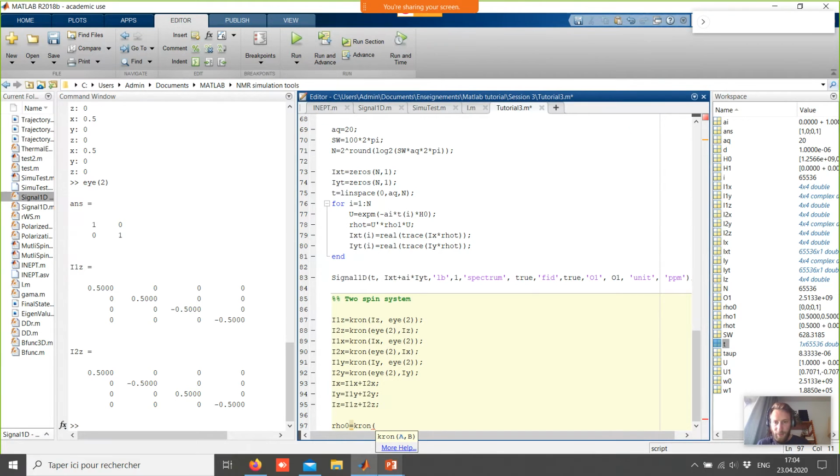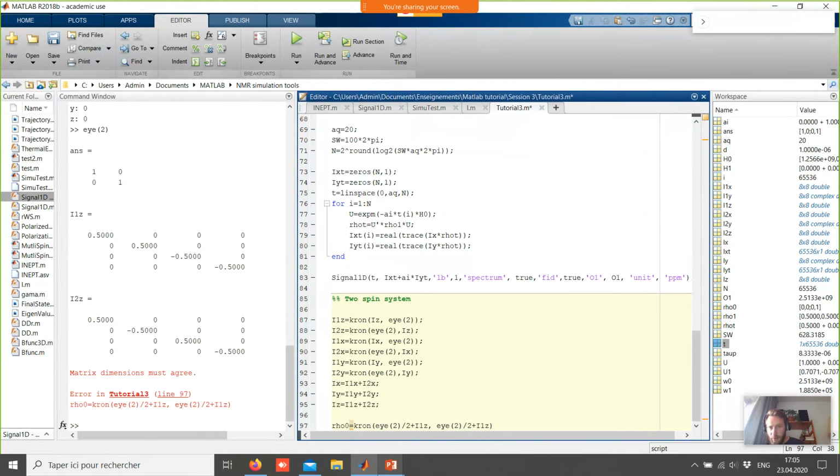We can, for example, write it like this, the identity matrix divided by 2 plus IZ. So this is spin 1 polarized along the field. And if we assume that spin 2 is as well polarized along the field, we write the same here.